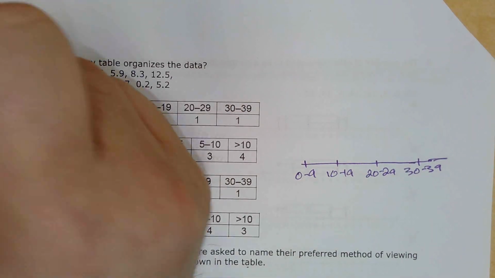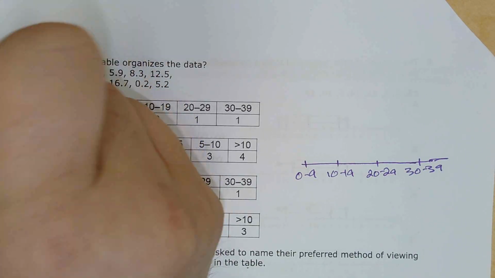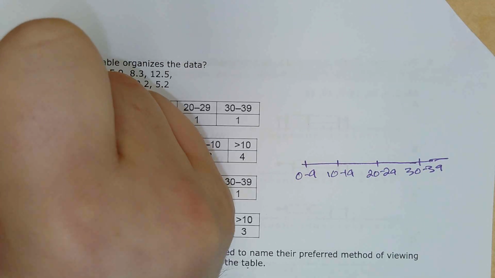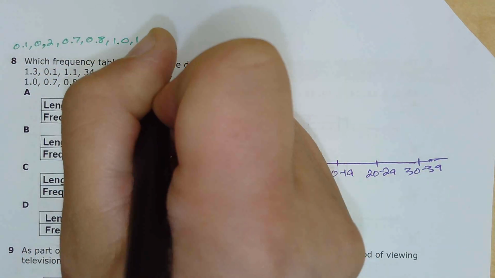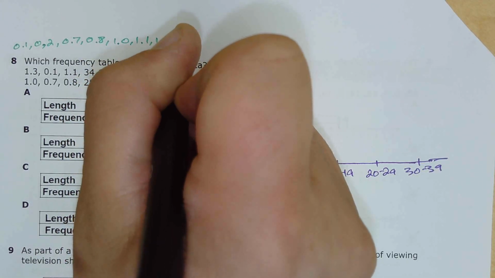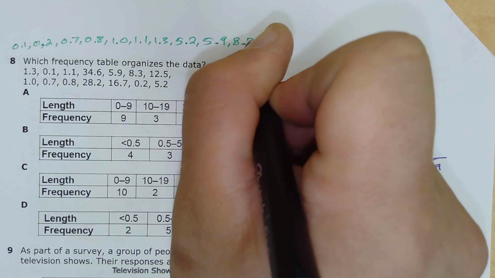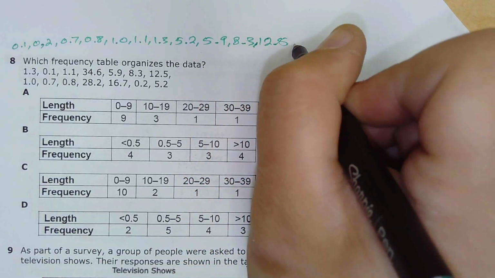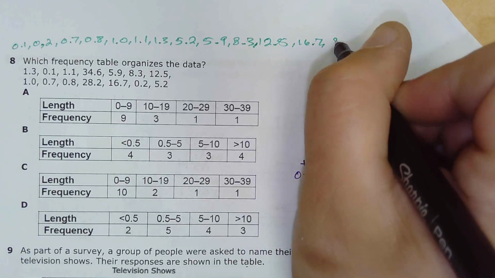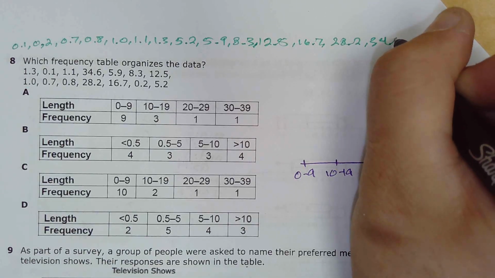Starting with, let's do 0.1, and then we have 0.2, 0.7, 0.8, 1.0, 1.1, 1.3, 5.2, 5.9, 8.3, 12.5, 16.7, 28.2, and finally 34.6.